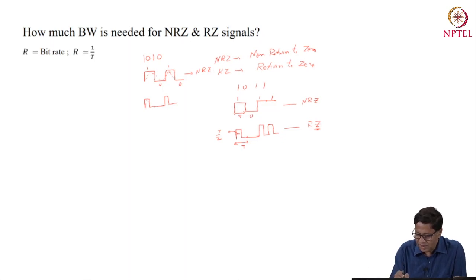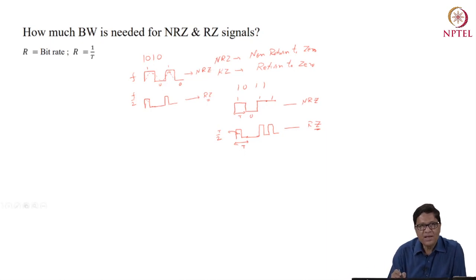If the frequency here is F, the principal component in an RZ signal will be 2F, whereas if you have NRZ kind of signaling, the principal component will be F by 2.